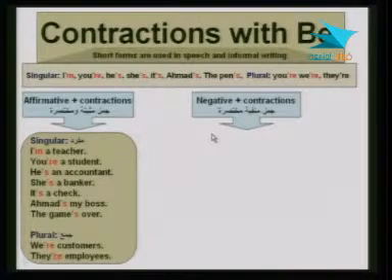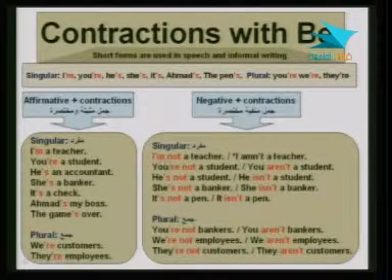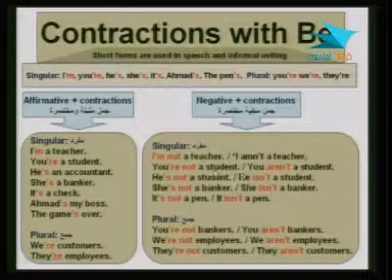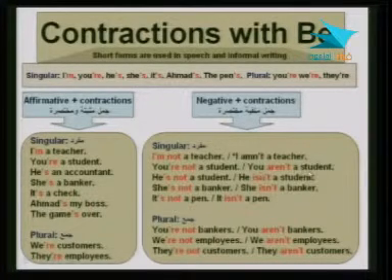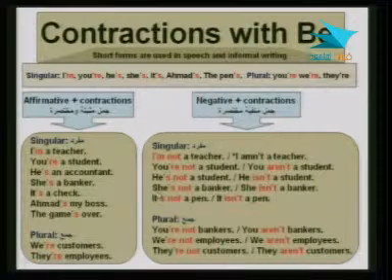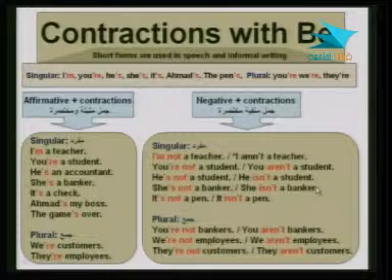And negative plus contractions. We also make sentences in the negative form, like I'm not a teacher. We cannot say I am't. This is wrong. But with you, we say you're not a student, or we can say you aren't a student. He's not a student, or he isn't a student. She's not a banker. She isn't a banker.